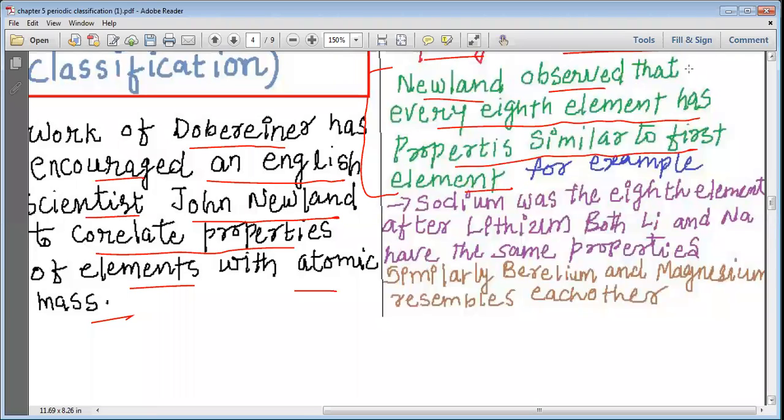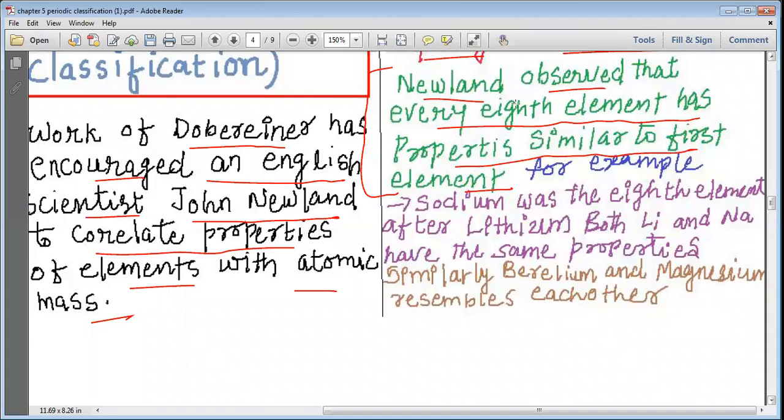First of all, he arranged all these elements in increasing order of their atomic mass, and he found that the first element was similar to the eighth element, same as the musical notes sa, re, ga, ma, pa, dha, ni. Again it comes sa. So the first sa and the eighth sa are the same.